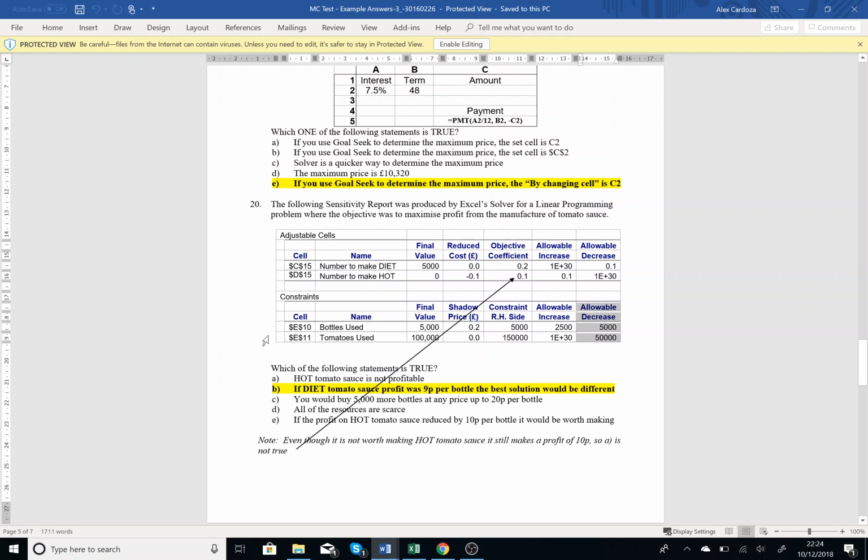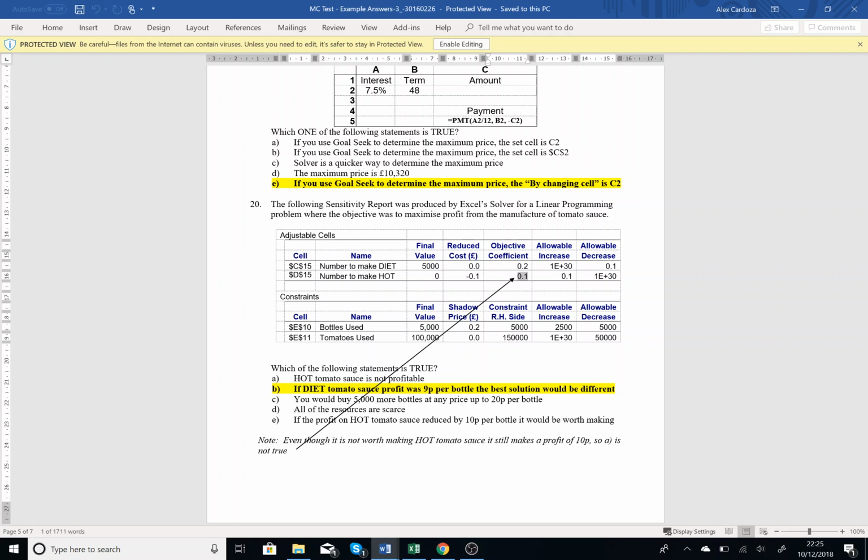Okay, so which of the following is true? Hot tomato sauce is not profitable. Well, that's not true, because if it was, then it wouldn't have a 0.1 coefficient.